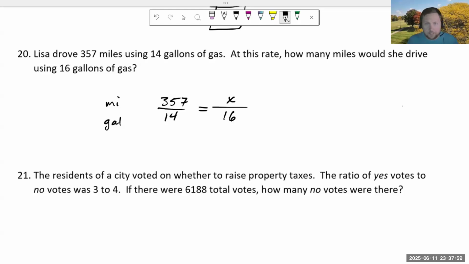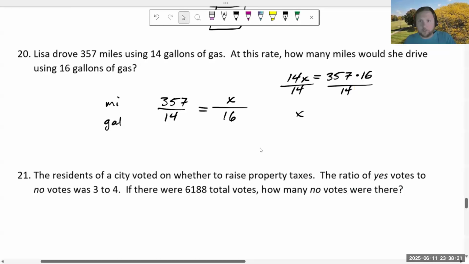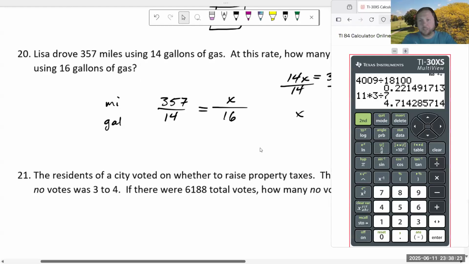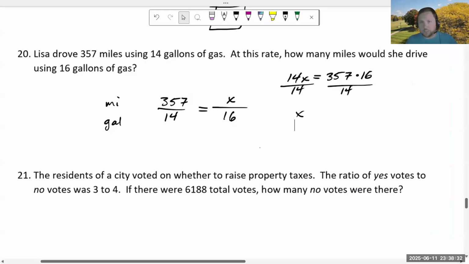And I can figure out what X is by cross multiplying and then dividing by the number that's multiplying the X. Okay, I got my calculator covering up. So 357 times 16 divided by 14. And it looks like I get exactly 408.